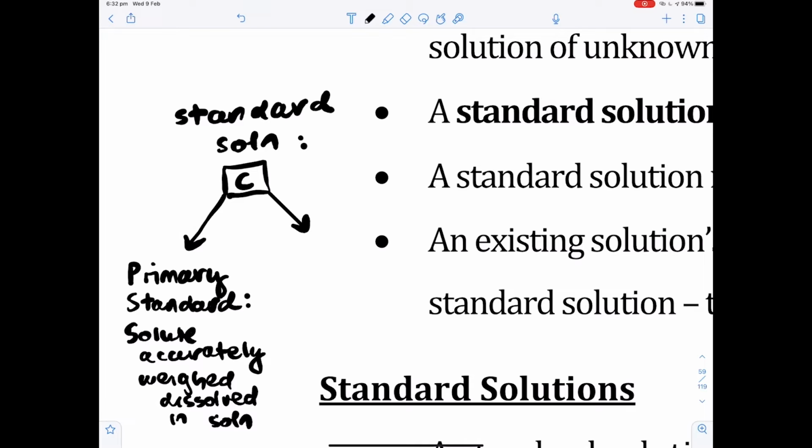The solution already exists when I've given it to you. You can't already weigh it up, etc. So when you determine the concentration through titration, we call this a secondary standard solution, a secondary standard. Okay, and a secondary standard is one whose concentration was determined through titration. That's it.